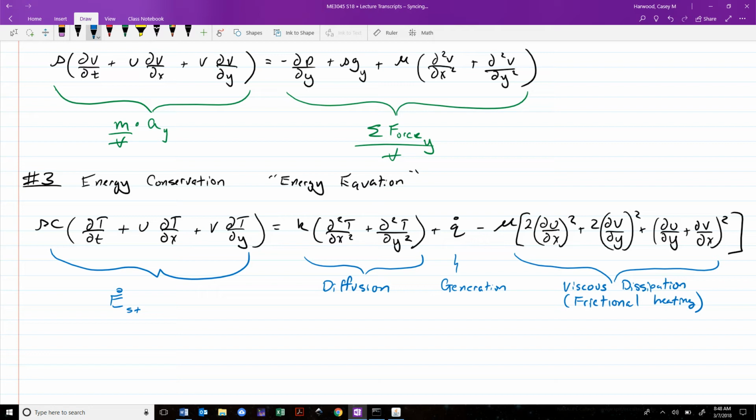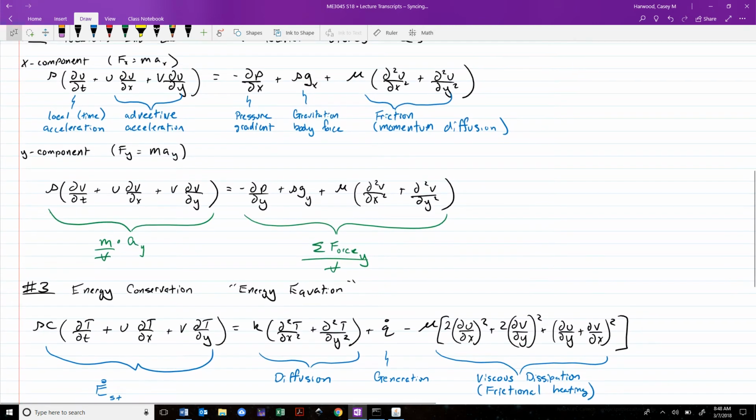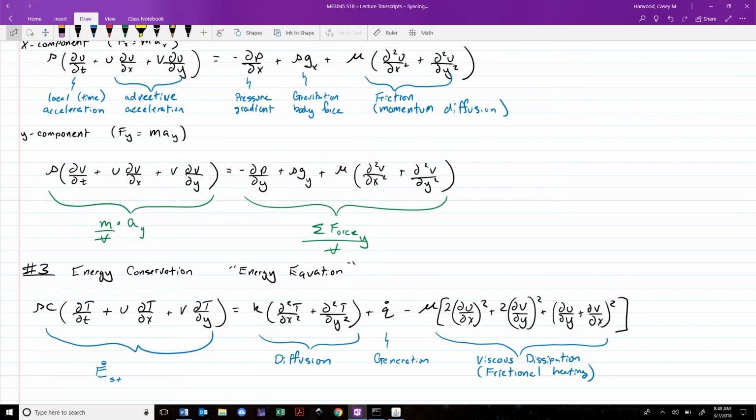Okay, so there we have it. We have equations 1, 2, and 3, which taken together, I can't fit them all on the same page, describe conservation of mass, conservation of momentum, and conservation of energy in a flow.